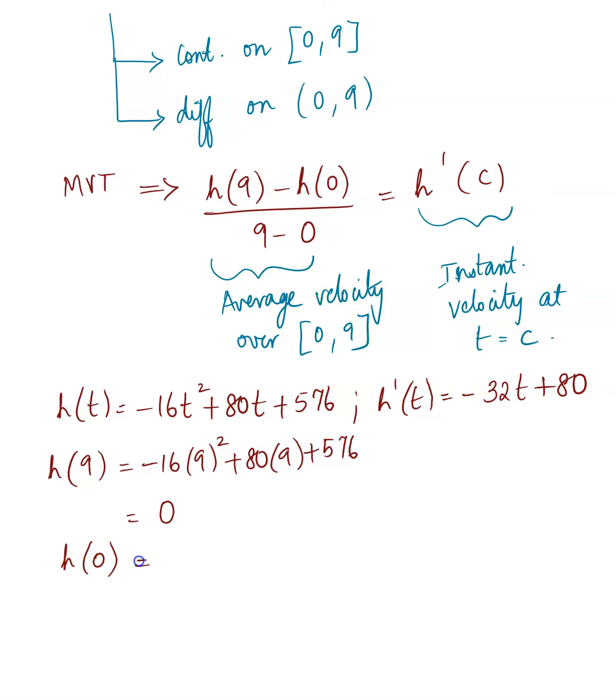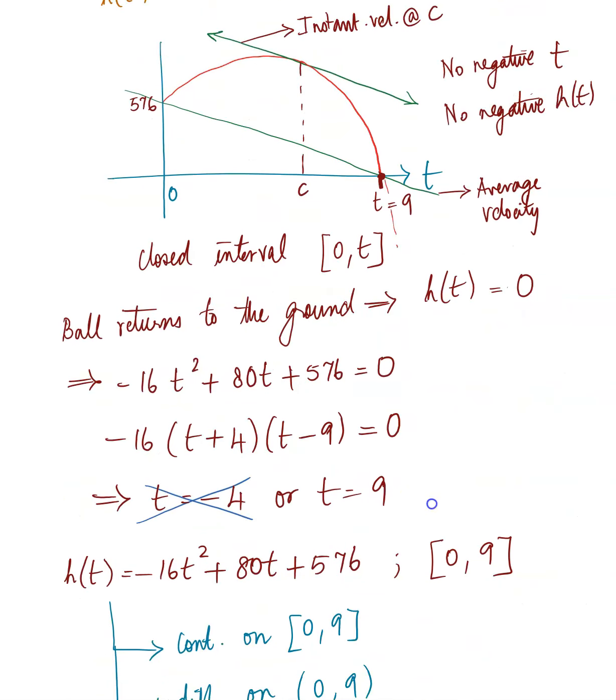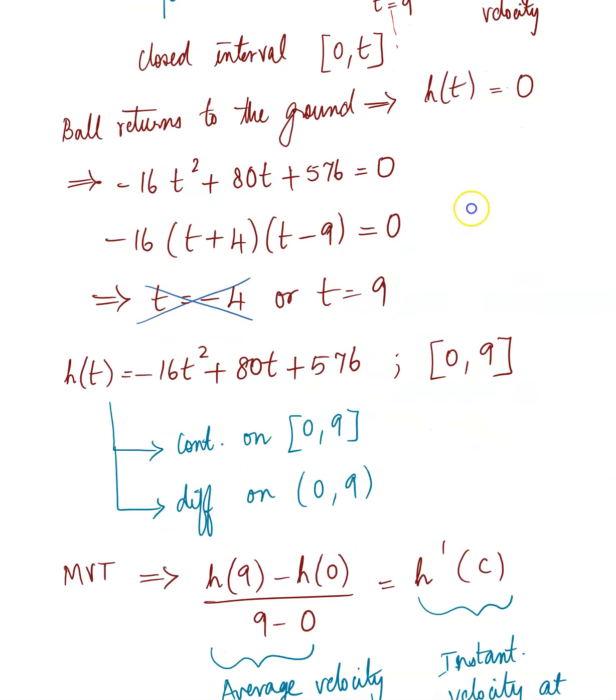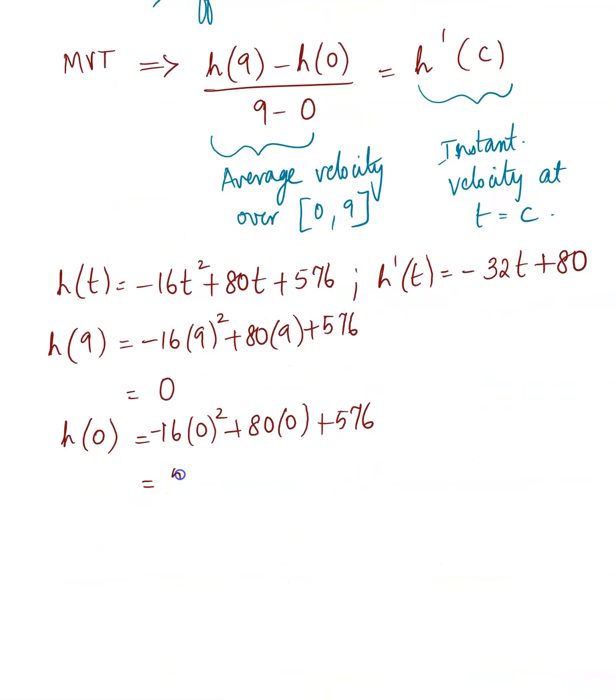And then h of 0, again, you can compute it quite quickly algebraically. Or you can come back to the problem and see, well, a ball is launched from an initial height of 576, which means at time 0, the ball was sitting at a height of 576 from where it was launched. So we have 576 here.